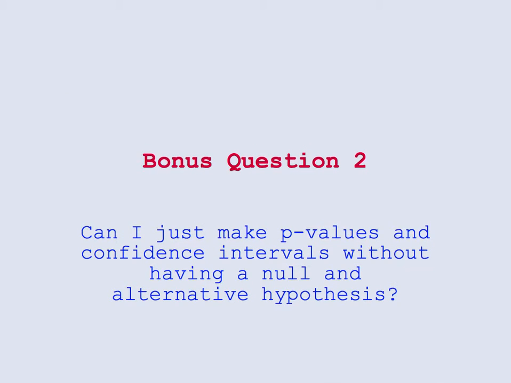And bonus question 2: we haven't talked about p-values and confidence intervals yet, but many people make these and wonder, can I make them without having an alternative hypothesis? Or, to specify it in a different way, can we just not have an alternative hypothesis and just make p-values and confidence intervals and see what we get?